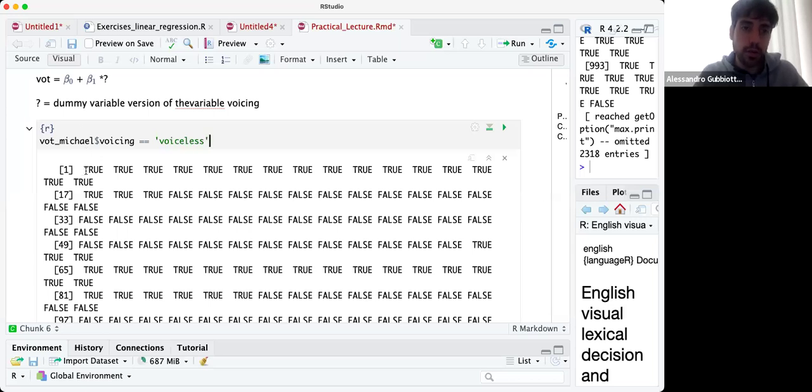A true is like 1 and false is like 0. So the variable is voiced can be defined in this way.